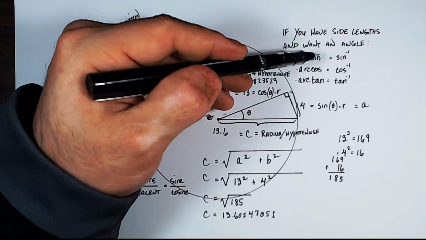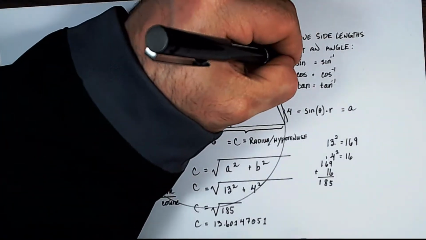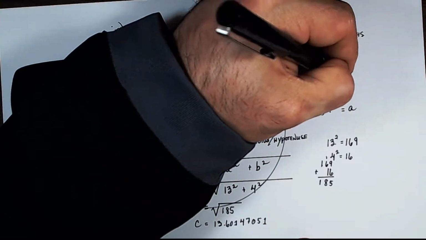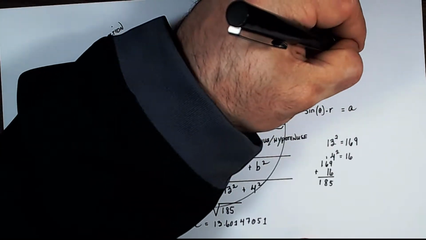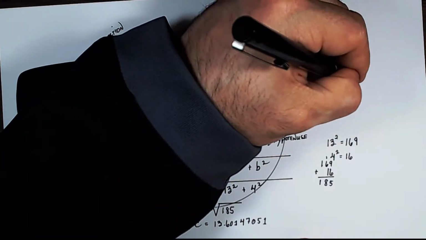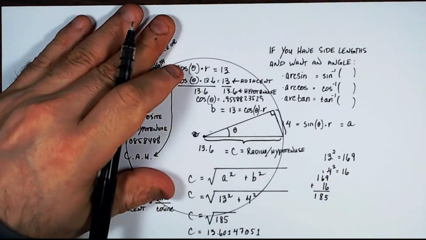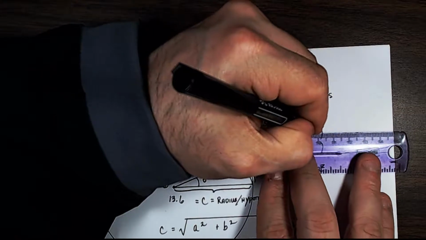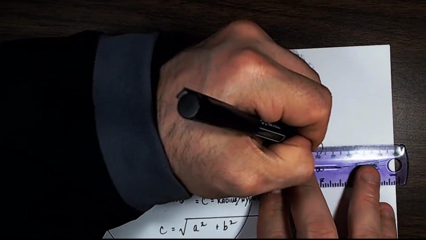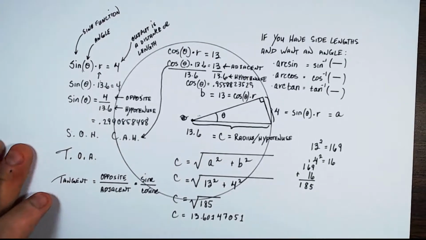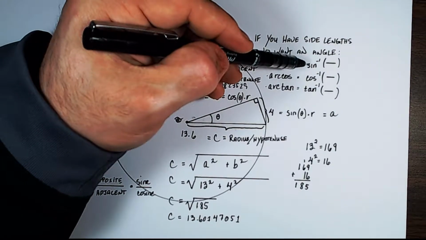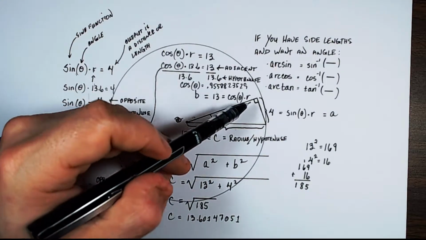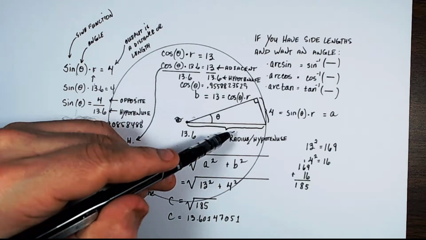So with the inverse function, okay, these are functions. With the inverse function, instead of putting in angles, you put in lengths, right? And this always takes two arguments, separated by a fraction bar. All right, so for the sine, you put in the opposite over the hypotenuse, or the radius.